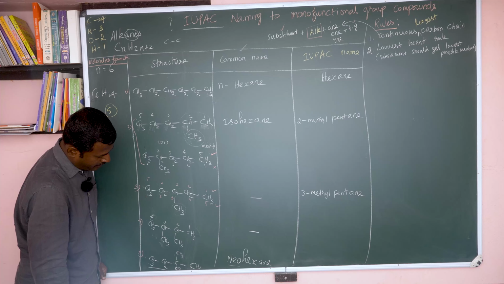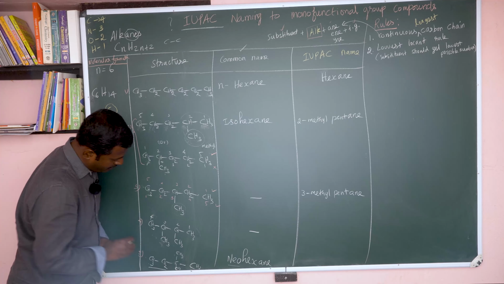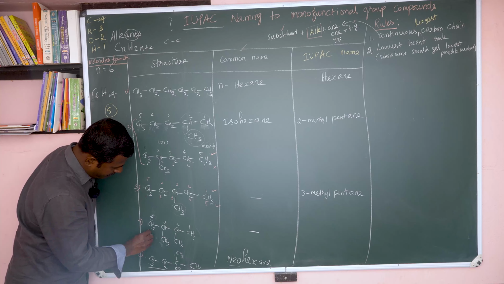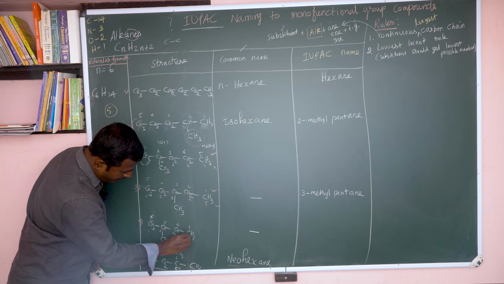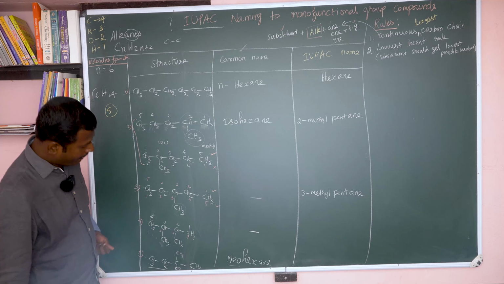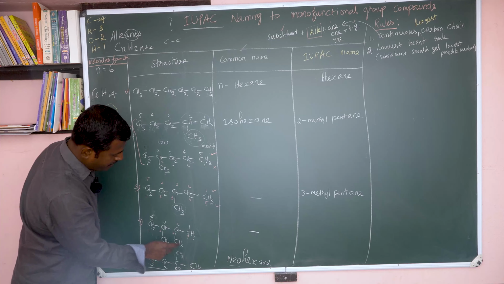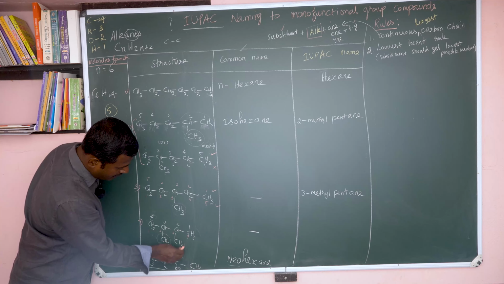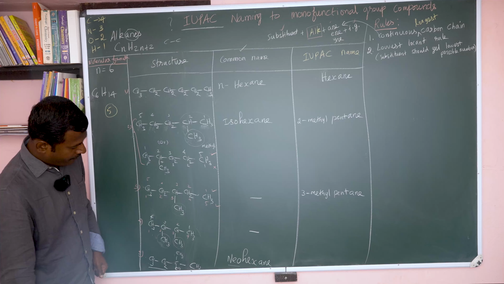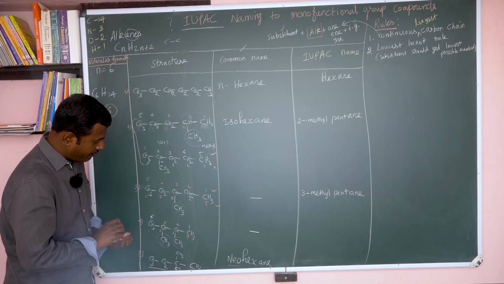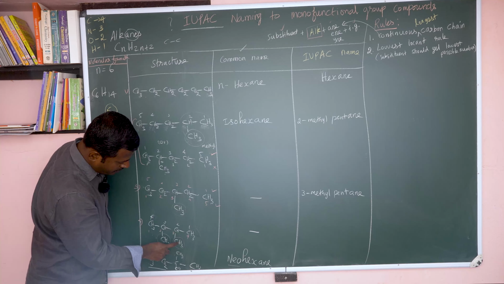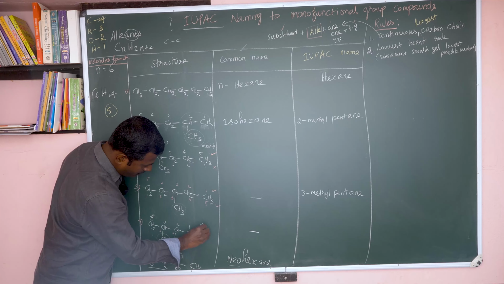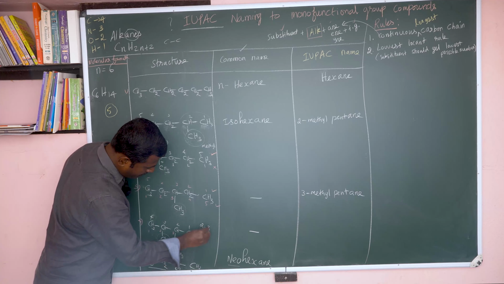If you start from here also, 1, 2, 3, 4. Then what about the position of the substituent groups? There are 2 methyl groups attached, methyl and methyl. What is the position? If you start from here, this methyl will get number 2 and this methyl will get number 3.